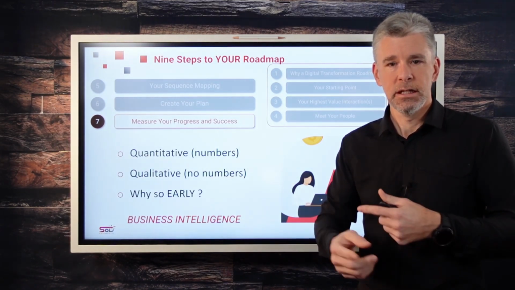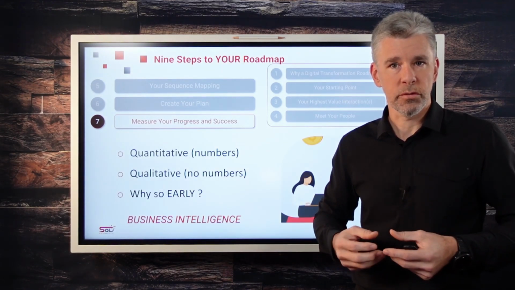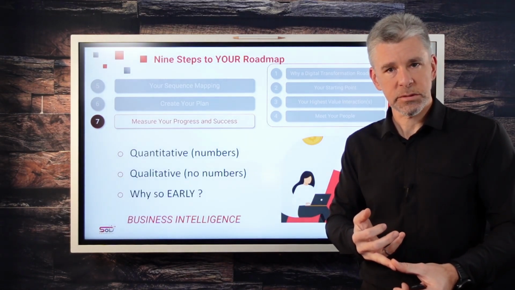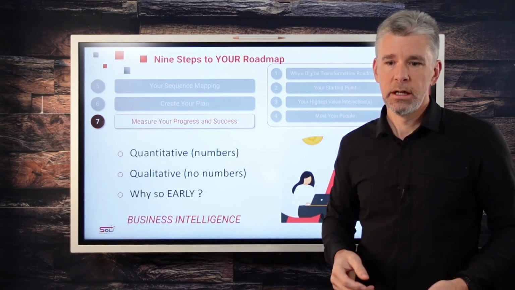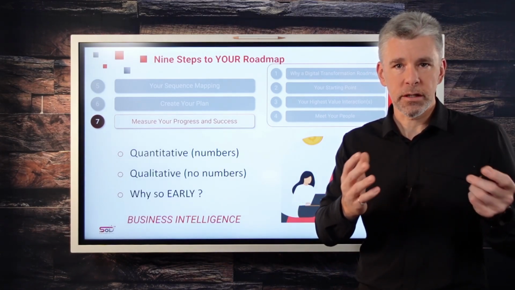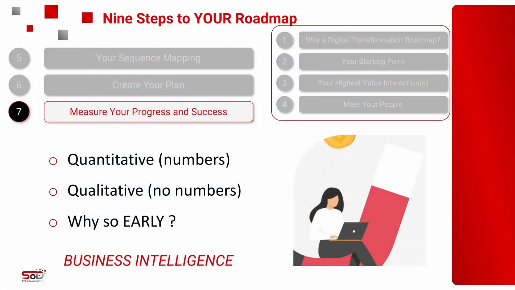All these things don't have any numbers, but they are very useful in terms of how you can improve the customer experience, the visitors' experience, the employees' experience. So this is why you need to do that early. Think about it, plan for it, and put the ways of gathering this information in place as early as possible in your transformation.